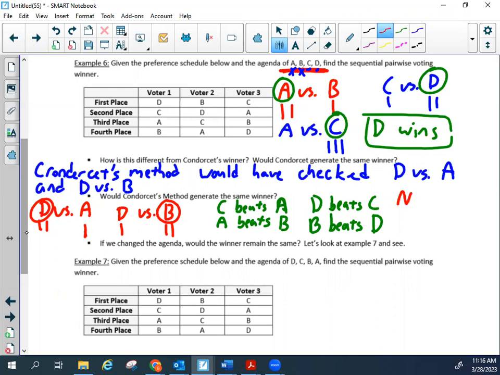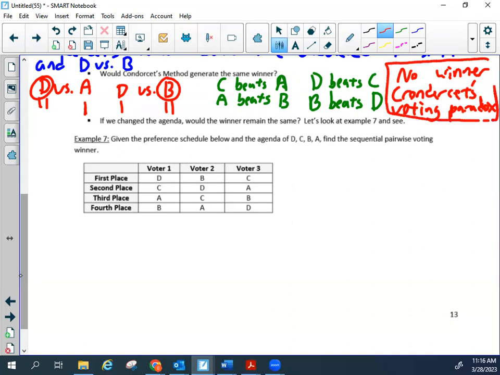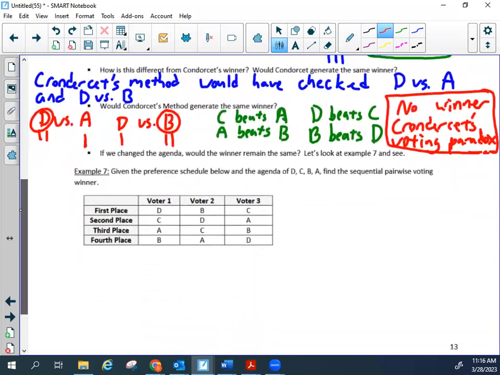No winner. So using Condorcet's method, we would see that we don't have a winner.